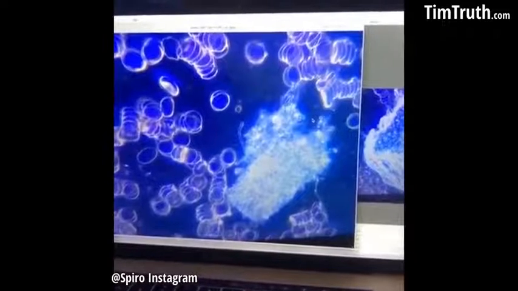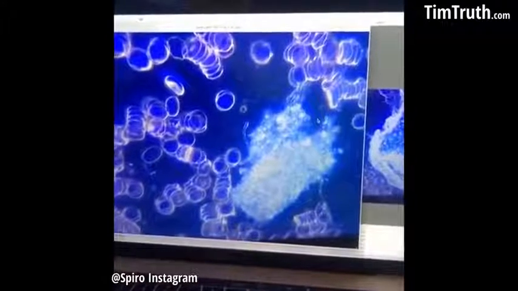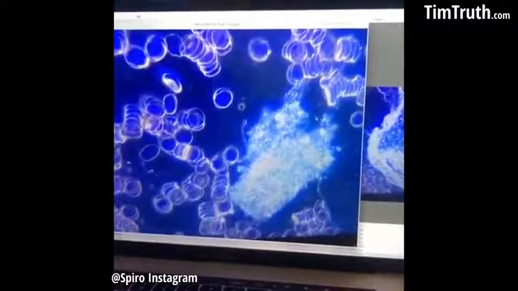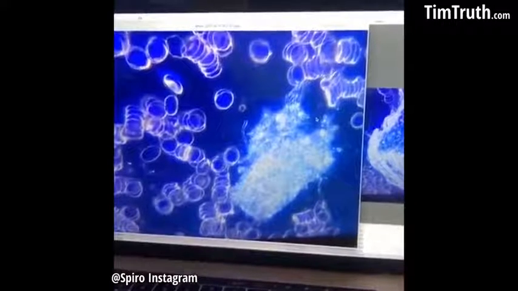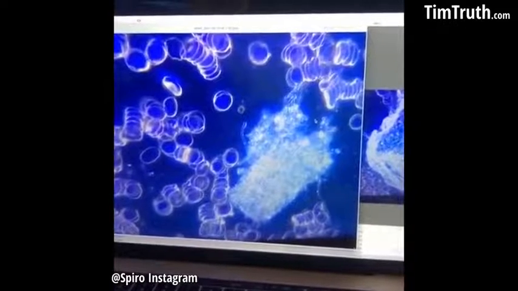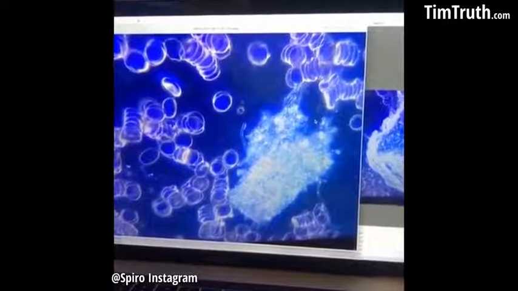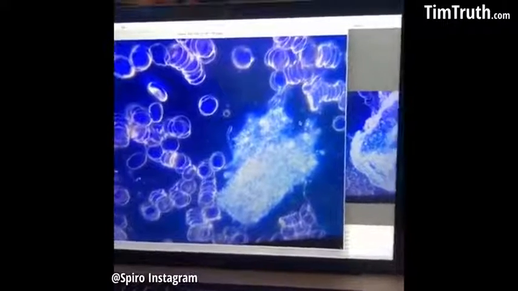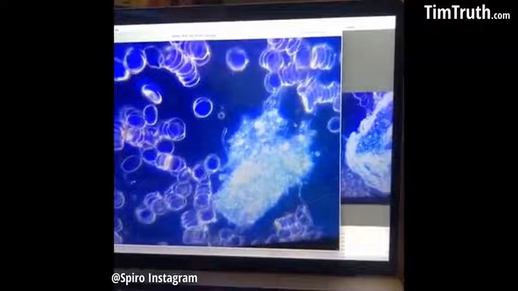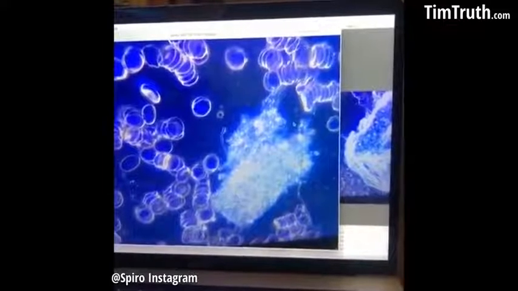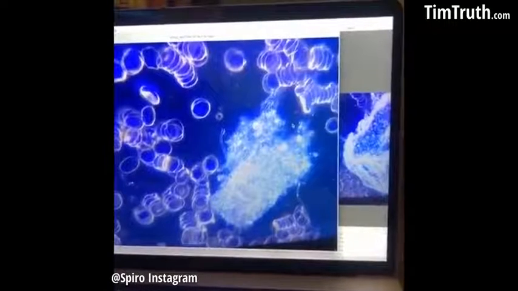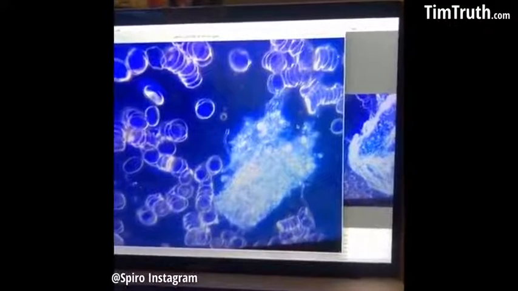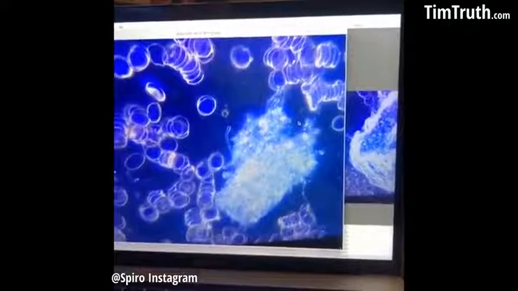This is insane, guys. The doctor found, when she was looking at this live under a microscope, that this crystallized structure was interacting, was growing, was sort of like a network.